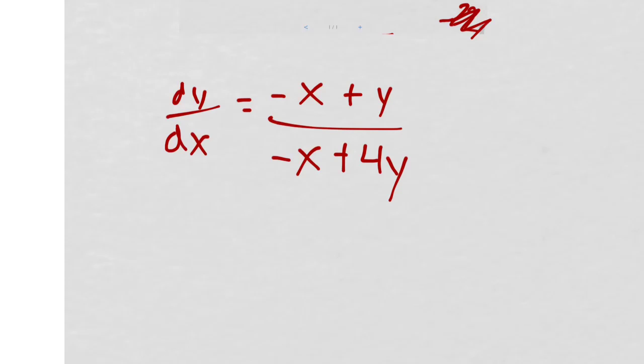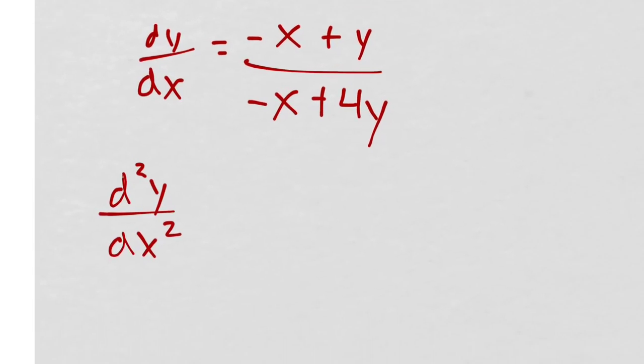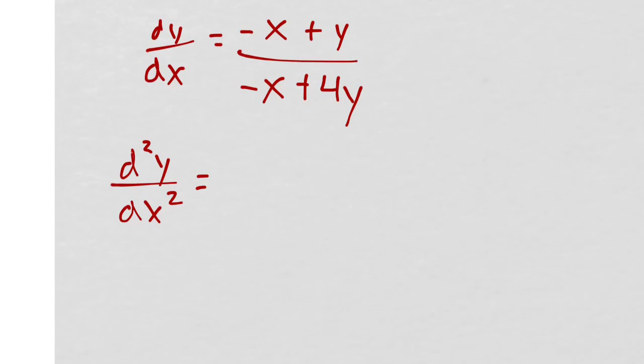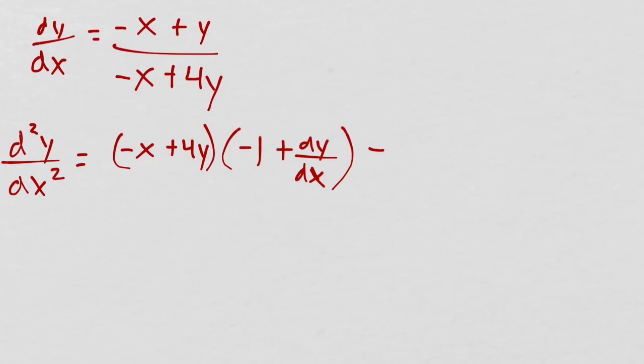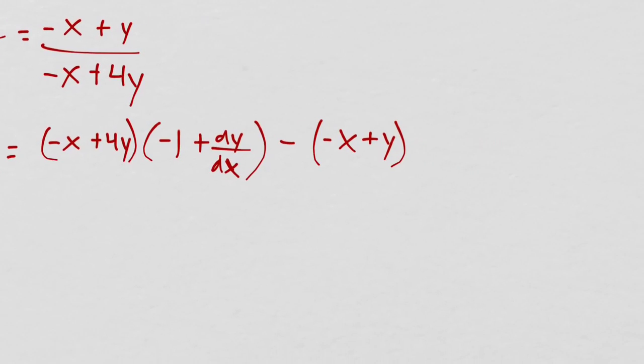So let's do this. You take the derivative, you get d squared y dx squared. That's the notation for the second derivative. And you do low d high, so low is negative x plus 4y, d high would be negative 1 plus dy dx. Low d high minus high, you've got to put parentheses around it, d low.